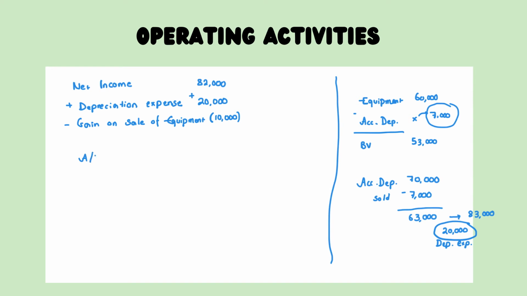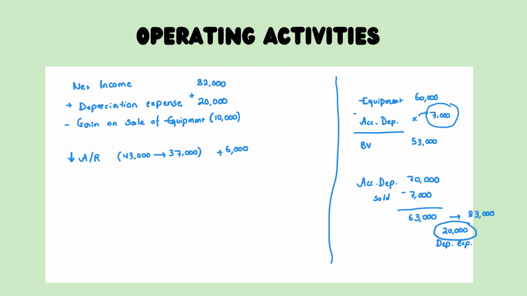So as you can see, accounts receivable was 43,000 last year, and now it is 37, so it has decreased. Okay, so when accounts receivable decreases, cash will increase. The opposite, to keep the equation balanced, they will go in opposite directions. So I need to add the difference, which is 6,000.